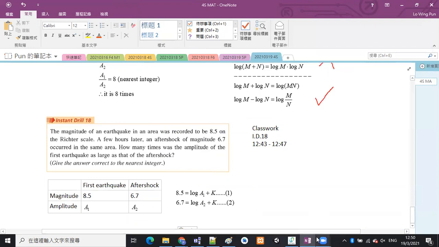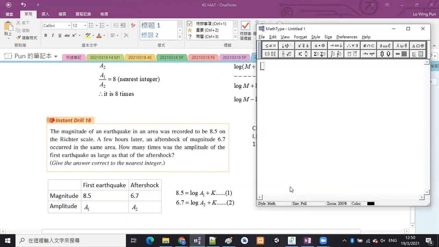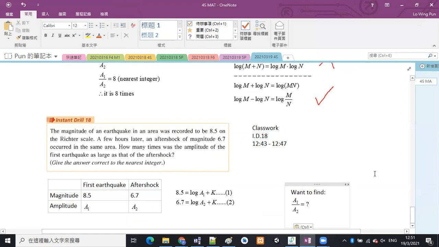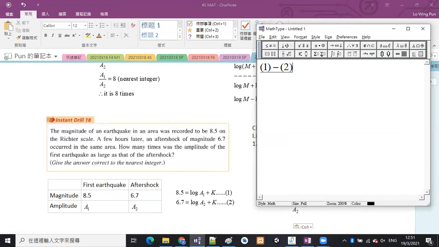And don't forget that we want to find A1 over A2. Okay? And then 咁我點樣可以揾到 A1 over A2？佢哋都係混咗喺個 log 裏邊嘅。咁我哋而家又係兩式相減。Equation 1 minus equation 2.